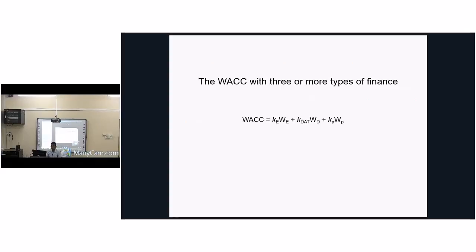I'm sure you have done this calculation. We take the cost of equity, get the weightage separately, cost of debt, get the weightage, cost of preference shares, get the weightage, and calculate the weighted average cost of capital. So in other words, we can apply this particular equation and arrive at the answer, which we will do with a calculation in the next few minutes.